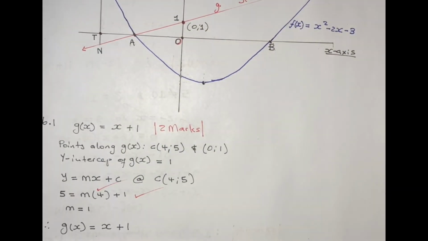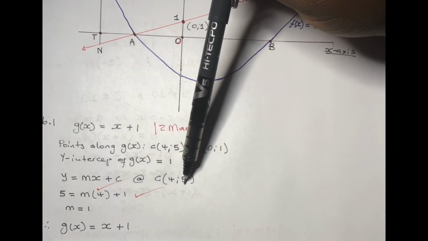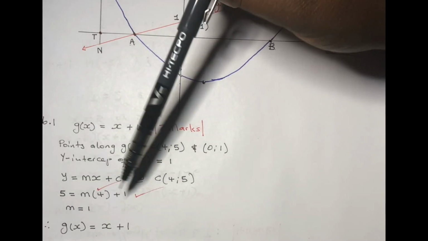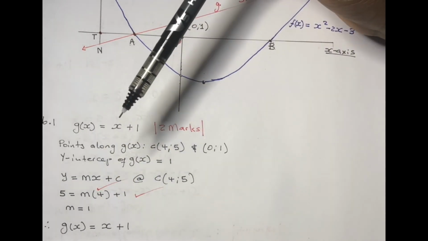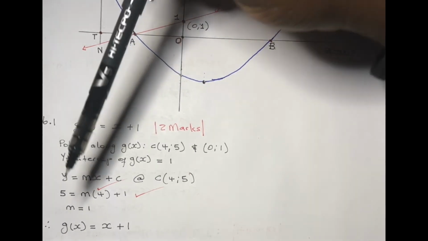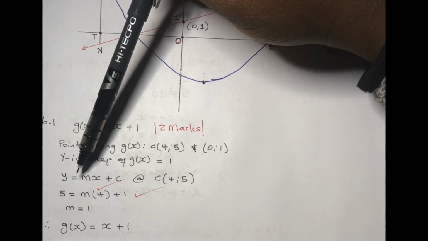graph of g. So what we do, we use this point to substitute into our equation of the straight line and calculate the value of m, which refers to the gradient of the straight line. So our y is equals to 5.